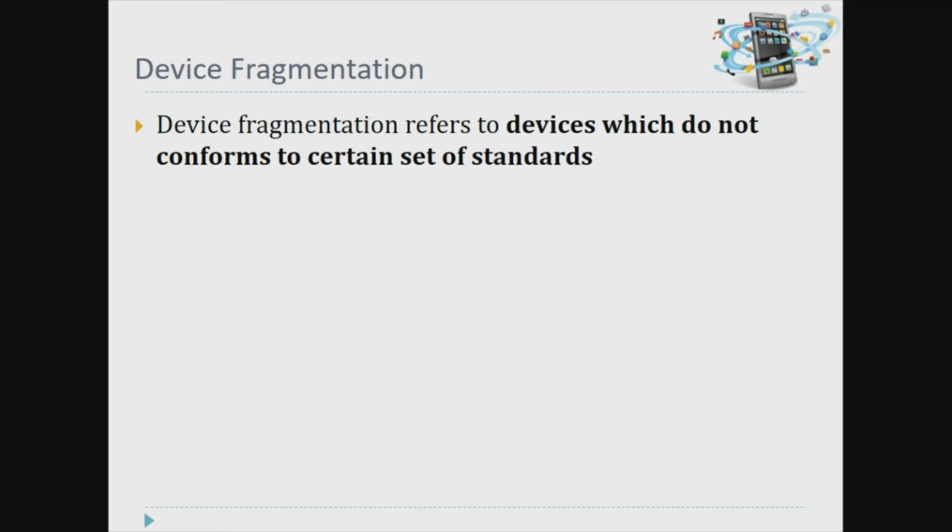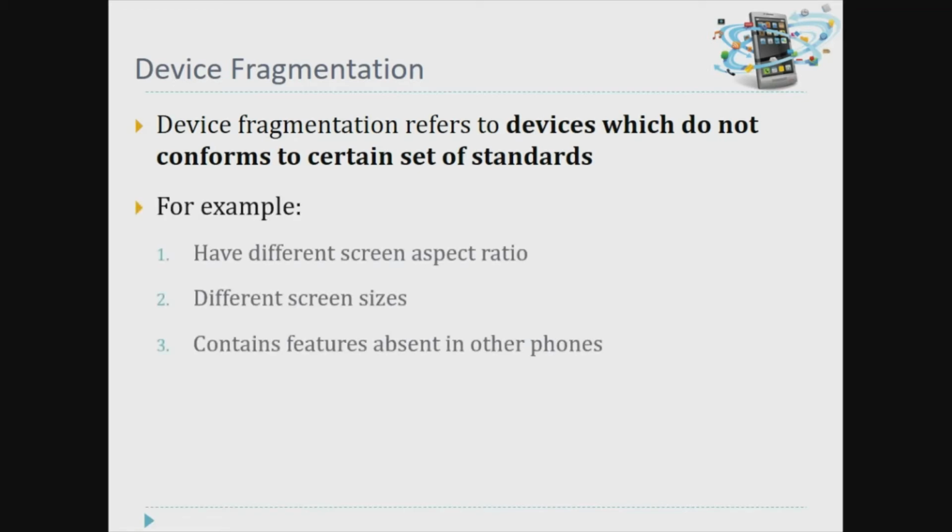Because of lack of standard, there comes device fragmentation, a lot of devices, various types of devices, so the standards are various. For example, mobile devices have different screen aspect ratios, different screen sizes, and contain features absent in other phones.